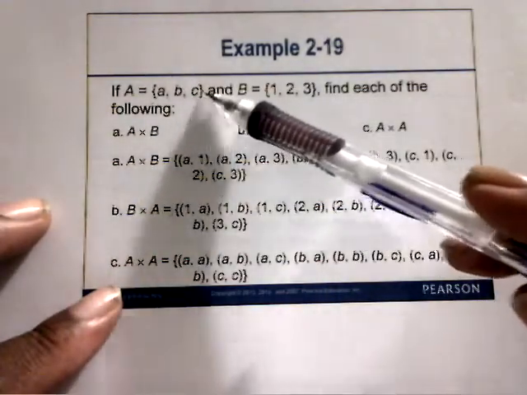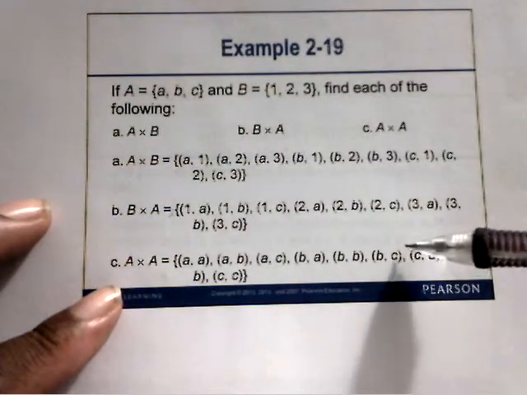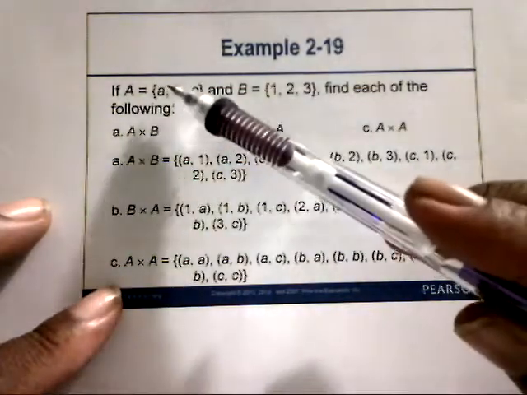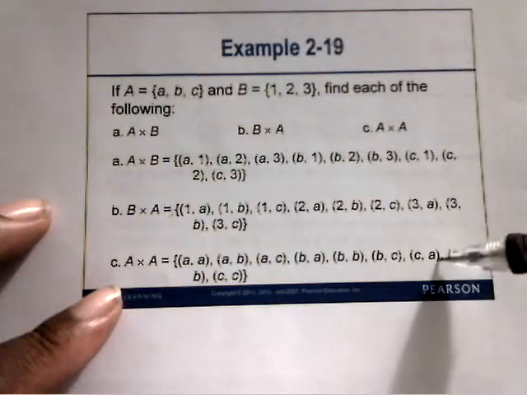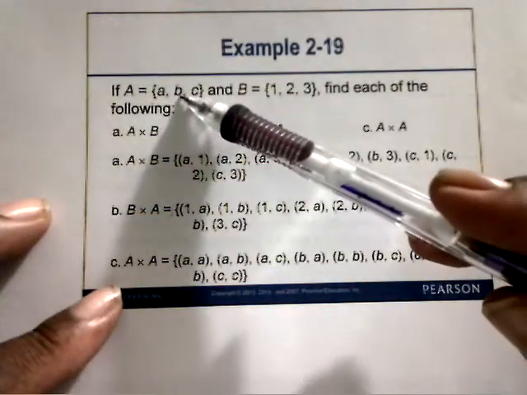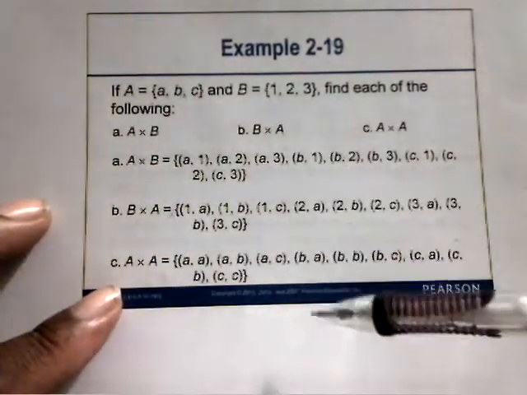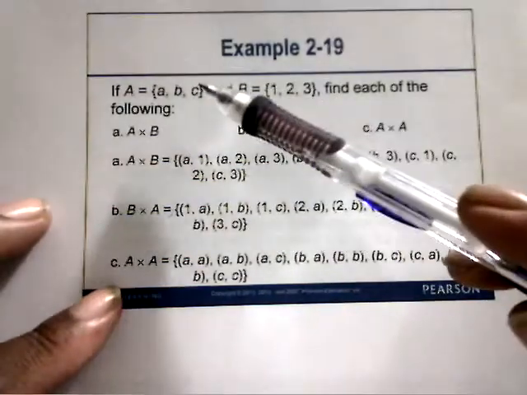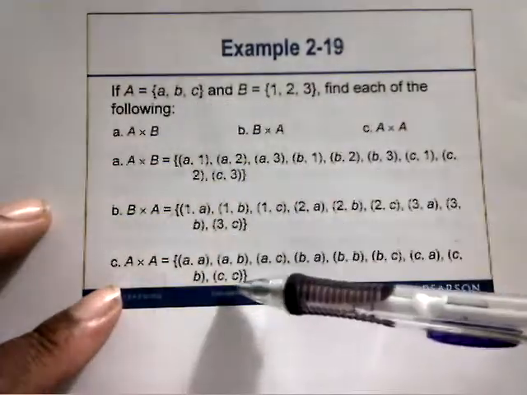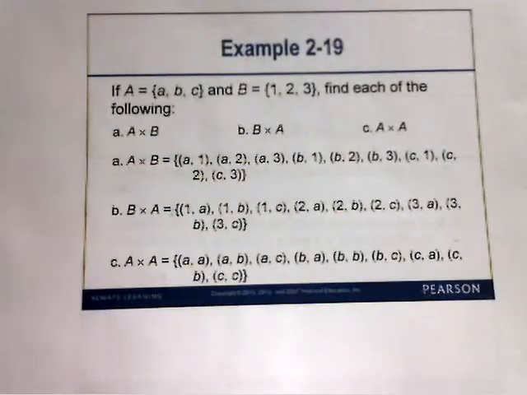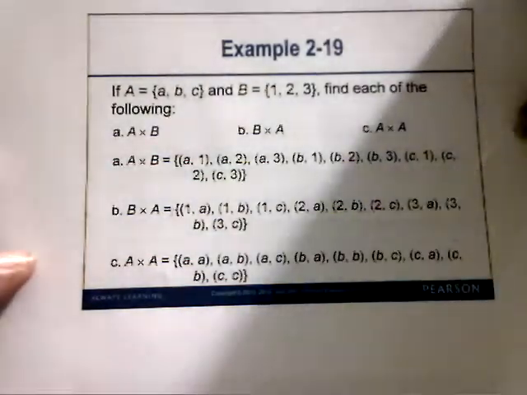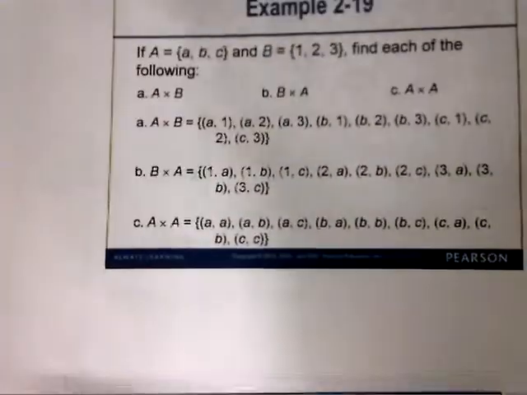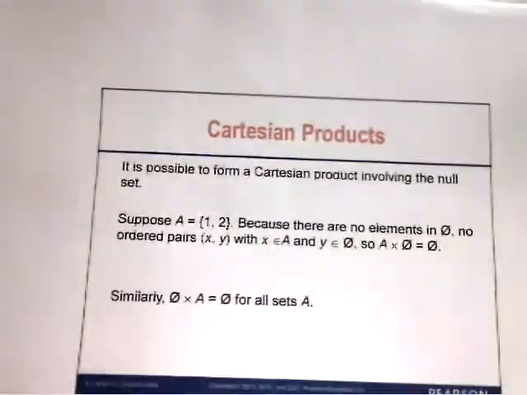And b will be paired with c, bc. Then c will be paired with a, which is ca. c will be paired with b, which will be cb, I'm sorry. And then c is going to be paired with itself, cc. That's what we mean by the Cartesian product of itself.